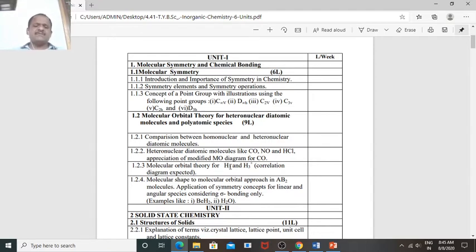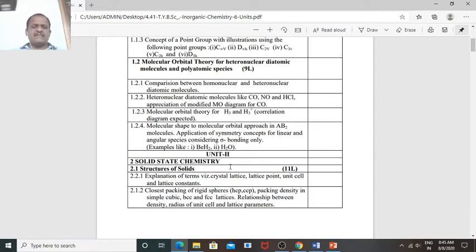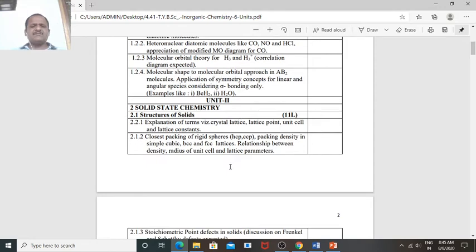Now the second unit is named solid state chemistry. In this unit we want to study two chapters. One is structure of solids, and the second is superconductivity.